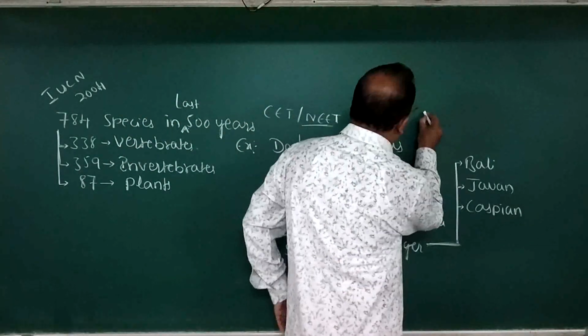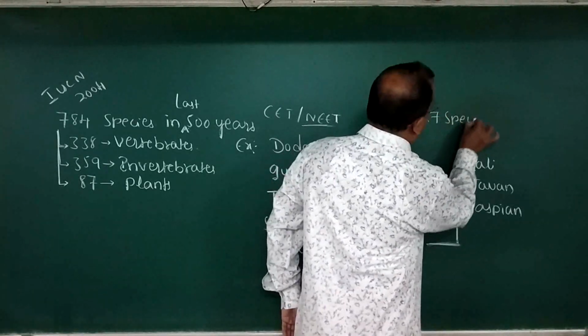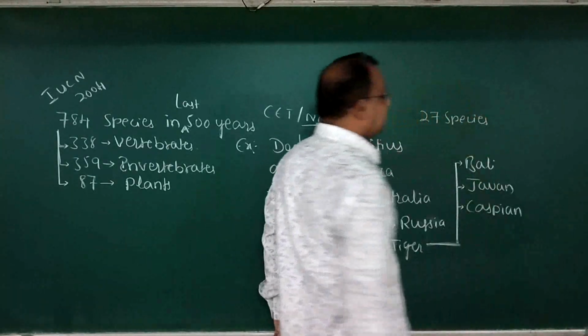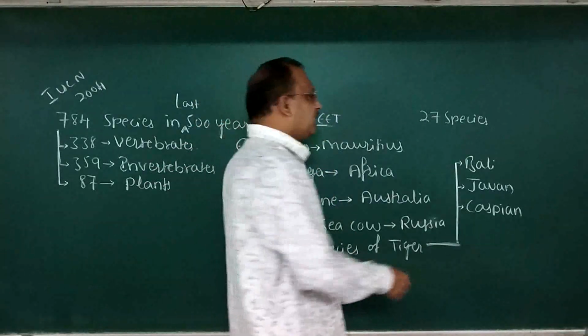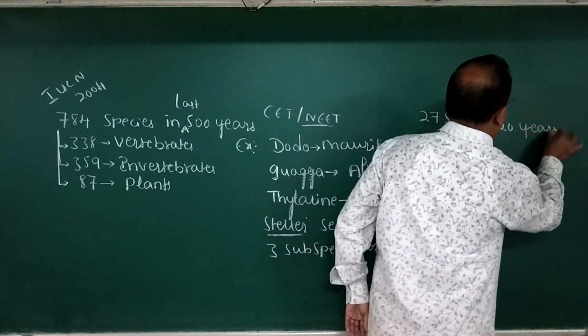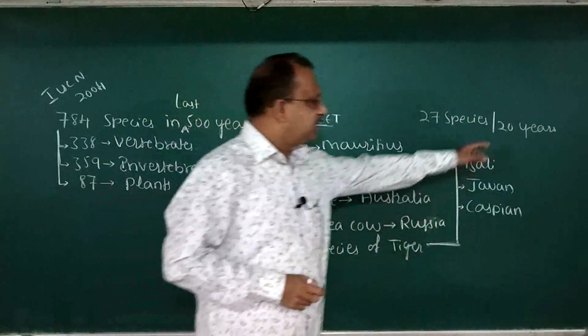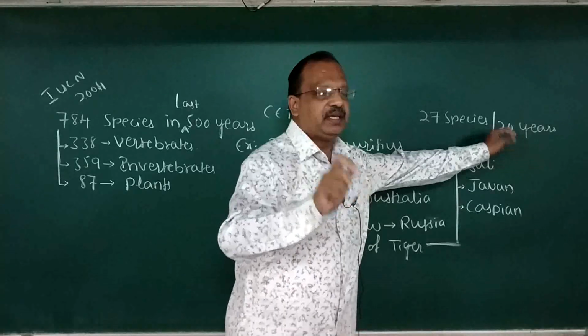According to recent studies, around 27 species have gone extinct in the last 20 years.